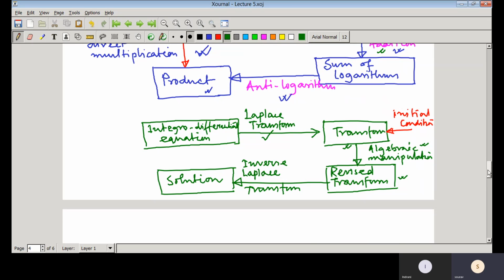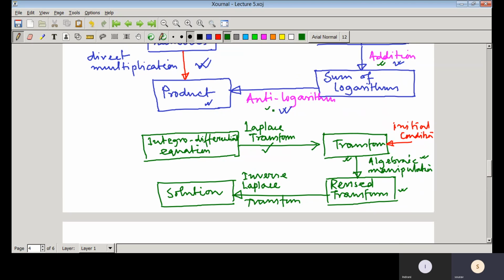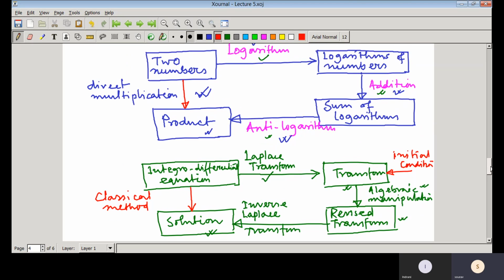Then if you take the inverse Laplace transform, very similar to the anti-logarithm, you will get the solution. Another way of getting the solution is the classical method: you apply the classical method and you will get that solution. So this is the concept of the Laplace transform.